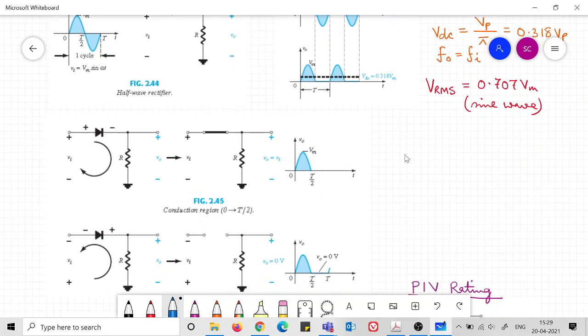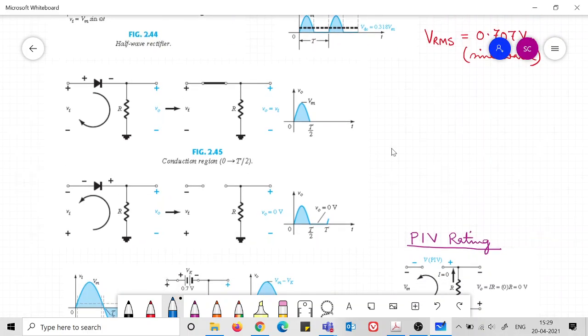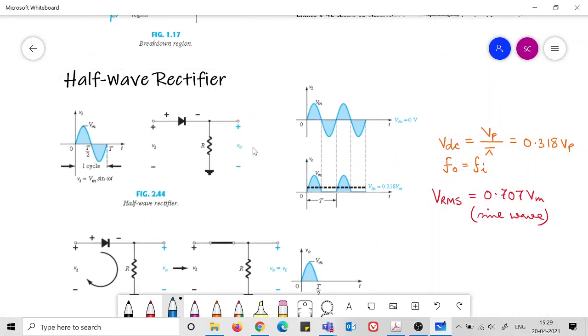If it is not explicitly asked in the question to show the positive cycle behavior and negative cycle behavior in separate circuits, you don't need to do it. You can analyze by looking at one circuit only, as I did. Just by looking at it, I analyzed both the positive half cycle and the negative half cycle. You can do it like that.